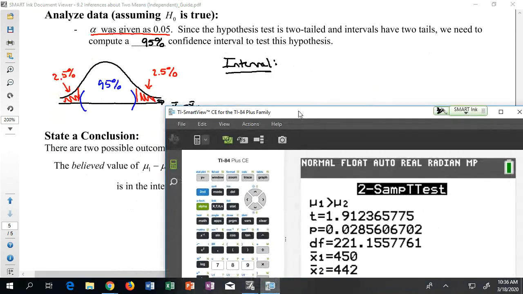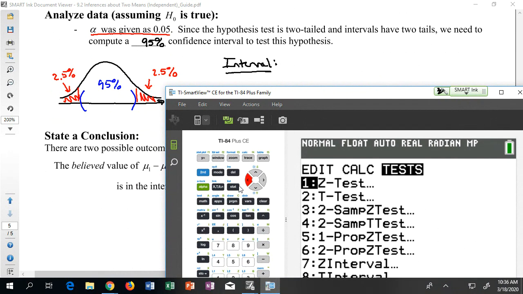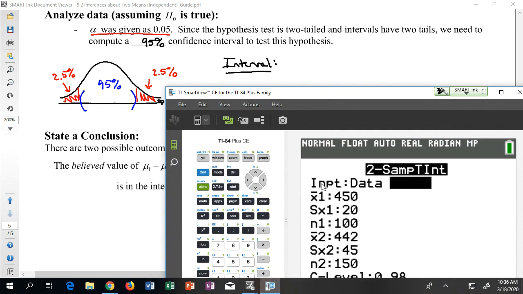When I do my interval construction, I can see on the formula sheet that I need to do a 2-sample t interval. And if I scroll around for a little bit, I find that at number 0 in my test list. When I hit enter, notice it already has a lot of the data from previous problems in here, and I need to update that.